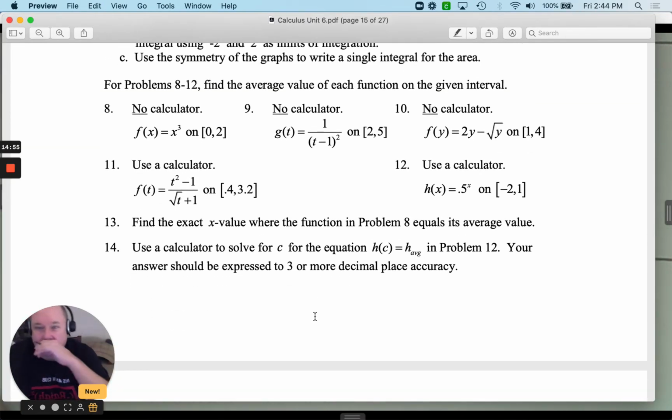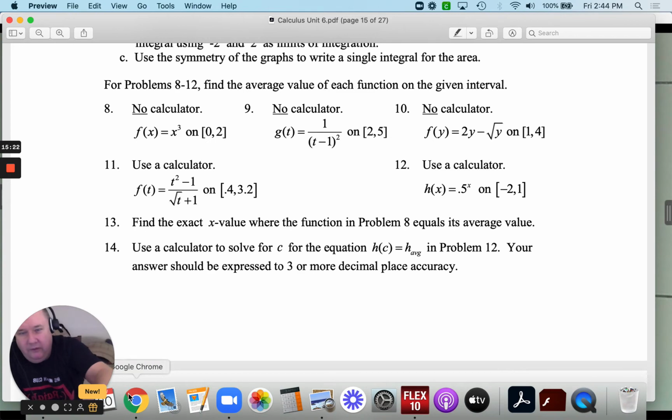Number 13. Find the exact x value where the function in problem 8 equals its average value. So I have to go back to number 8. The answer to number 8 was 2. So from 13, I need to go 2 equals x cubed.